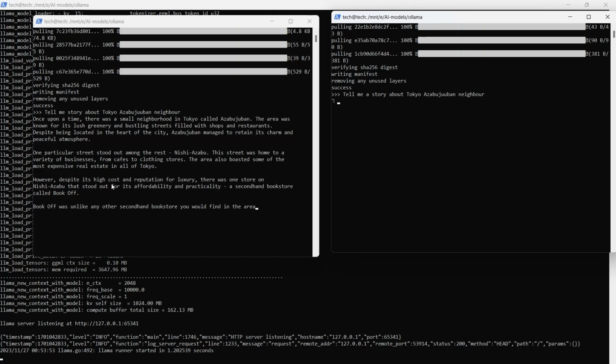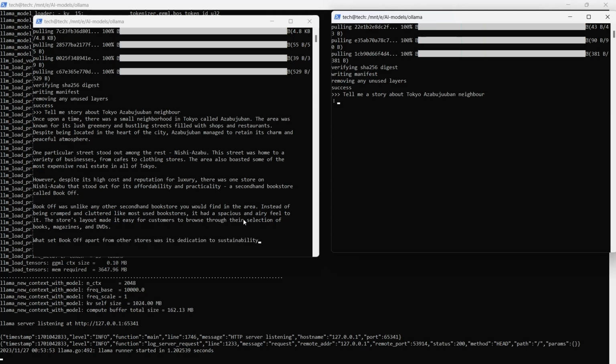Okay, so you can see the output. It's pretty long at the beginning. It continues: despite the high cost and reputation for luxury, there was one store, Bookoff, unlike any other second-hand bookstore, and so on.